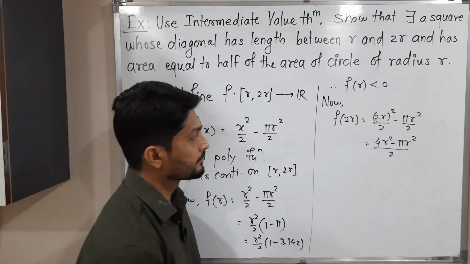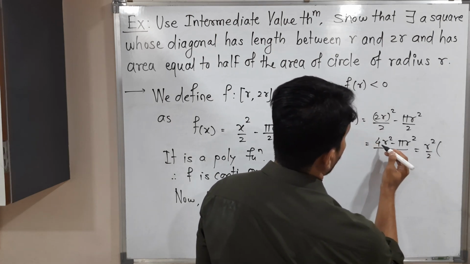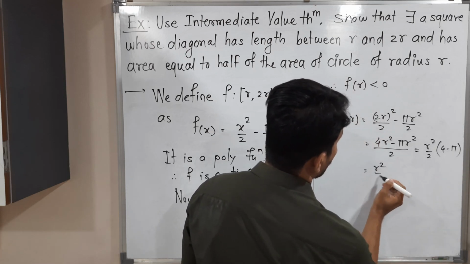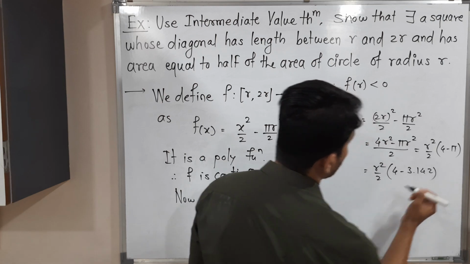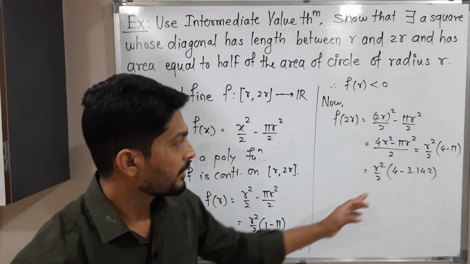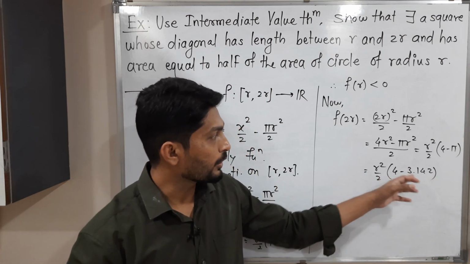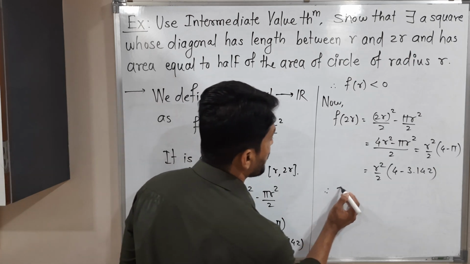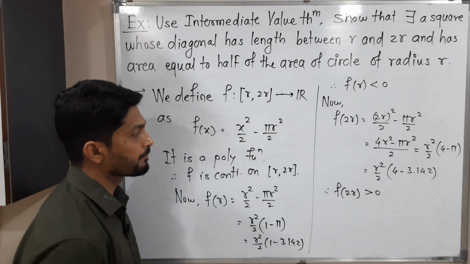R square I am taking common. 4 minus pi, right? R square by 2. 4 minus pi means 4 minus 3.142. See, r square by 2 is 101% positive. 4 minus 3 point something, so subtracting a smaller number from a larger number, obviously we will have a positive value. So therefore f of 2r is greater than 0, right?